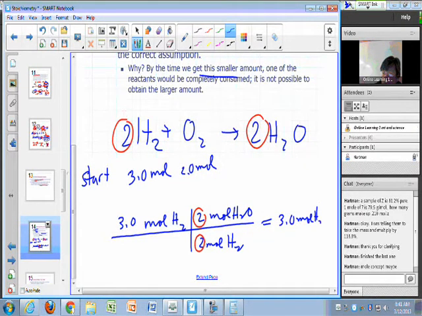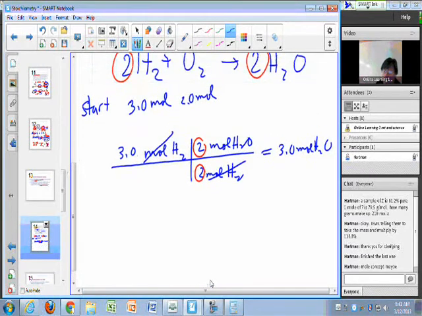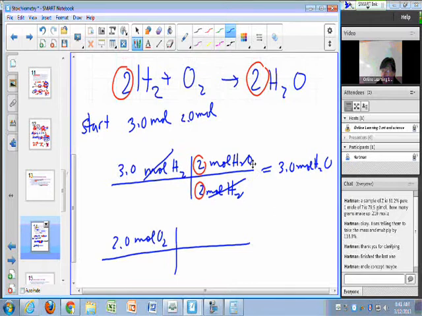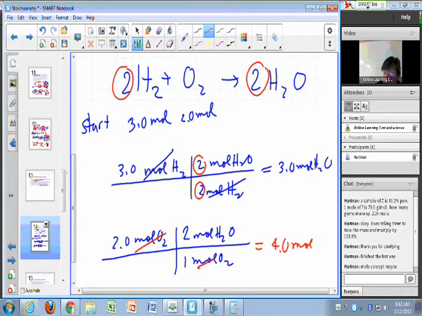All right, moles H2 cancels. But if I had 2 moles of O2 consumed, what's the mole-to-mole ratio of water to O2? It's 2 is to 1. So 2 moles H2O for 1 mole of O2. That gives me 4.0 moles of H2O.